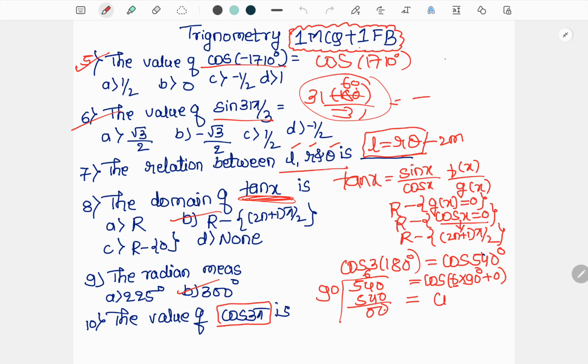So even multiple, cos remains cos. So 6 plus something, the 6th quadrant, if you observe 4, 5, 1, 2, 3, 4, 5, 6, is the second quadrant. In the second quadrant cos remains negative. So minus 1 is the required answer.